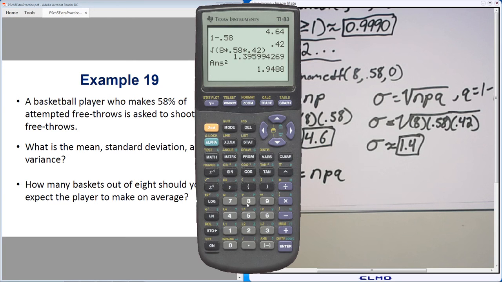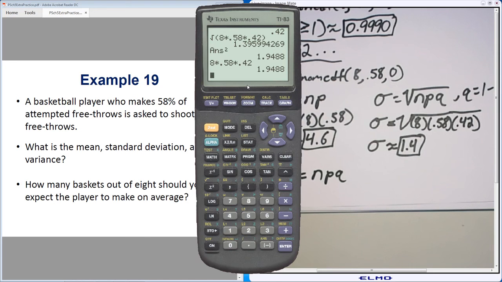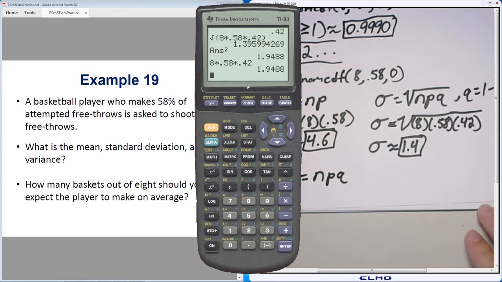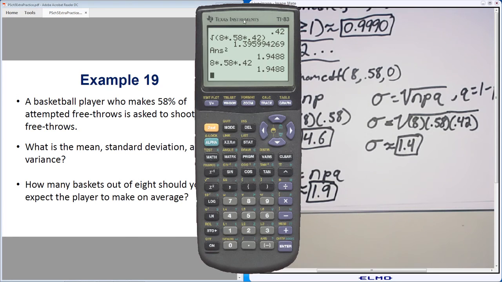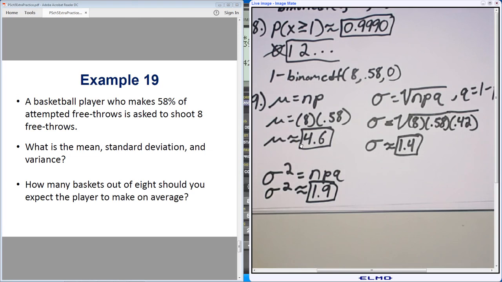Here it is worked out the long way. 8 times 0.58 times 0.42, and you get the same thing either way. Rounded to 1 decimal place, that's 1.9. So sigma squared is 1.9. There's the mean, standard deviation, and variance.